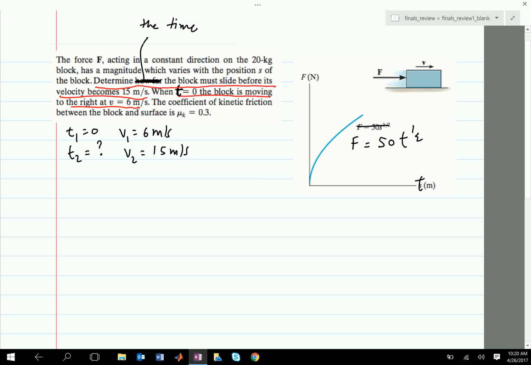Okay, so the thing to note here is that the unknown is time, and you have to find the time when the velocity reaches a certain value. So here you're asked to find velocity as a function of time. What would you use? Impulse and momentum, right?